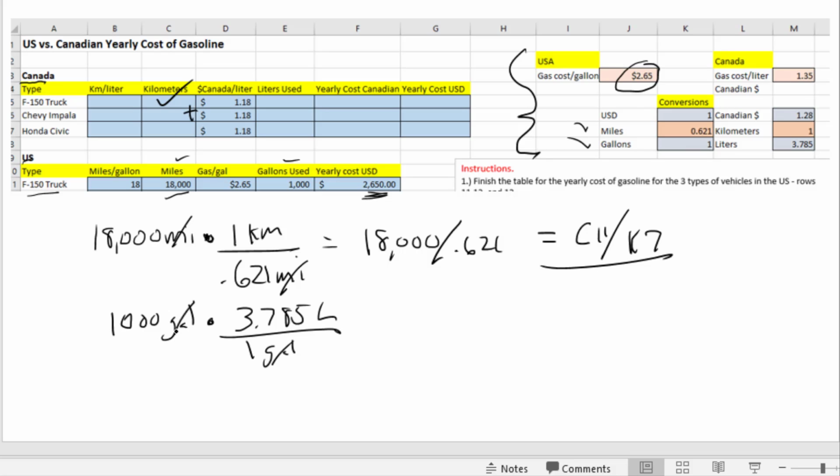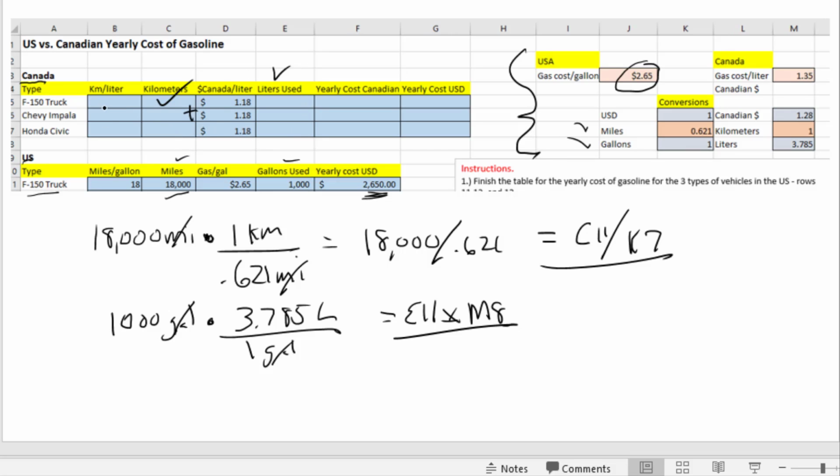The gallons cancel, so I'm just taking the 1,000 gallons, which is E11, and multiplying it by M8. And then I would get my liters used.